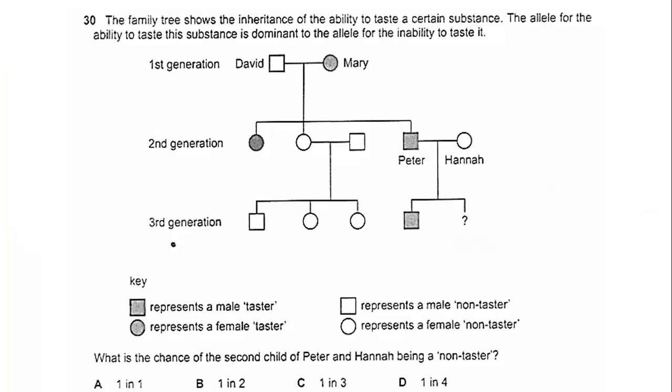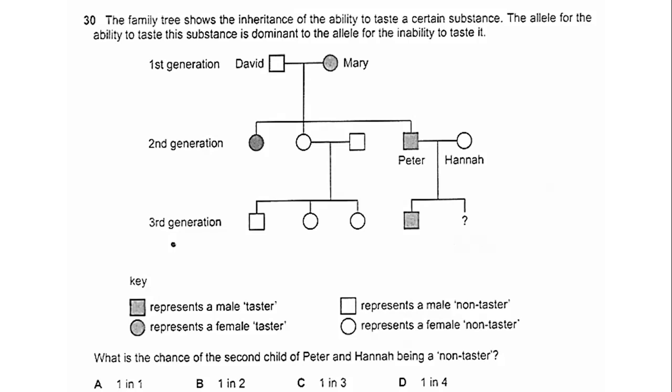Okay, let's answer some questions together. The family tree shows the inheritance of the ability to taste a certain substance. The allele for the ability to taste this substance is dominant to the allele of the inability to taste the substance.